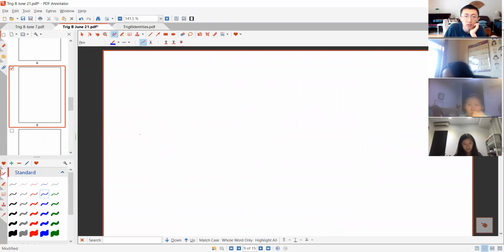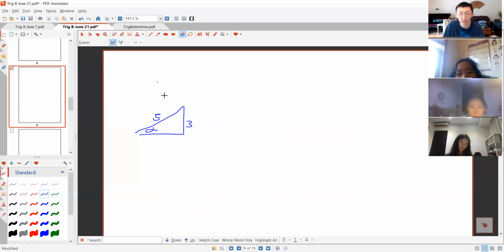If I know sine alpha is 3/5, and I stack two of these triangles on top of each other, I should be able to figure out the sine of 2 alpha, like the length from D to E here, the vertical length. So let me draw it like this. This is 3/5, this is 3/5.